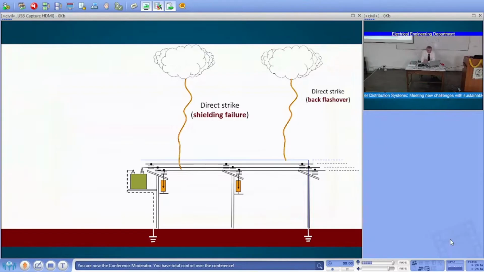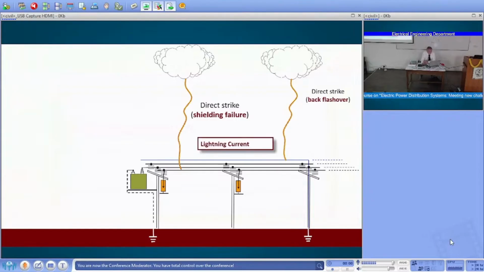So you have this kind of problem, the back flashover. So there is a flash from the pole to the line conductors because of the high voltage that is reached by the pole when it is subjected to a very high current.